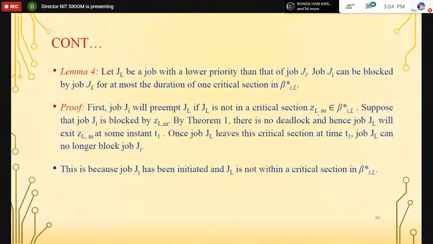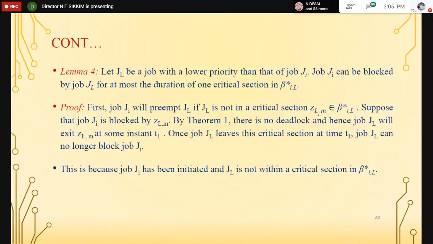Lemma 4 says: let JL be a job with a lower priority than the job Ji. Ji can be blocked by JL for at most the duration of one critical section, right? This is beta, the longest critical section we define. So now a very important property as far as determinism is concerned. I have designed a protocol which is deterministic as far as the timing constraint is concerned.